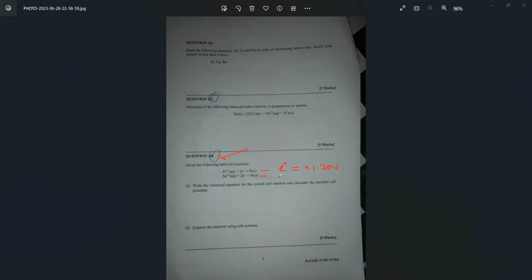And for the second reaction, the E is equal to negative 0.14 V. That's the only data that we need in order to proceed and attempt these questions.